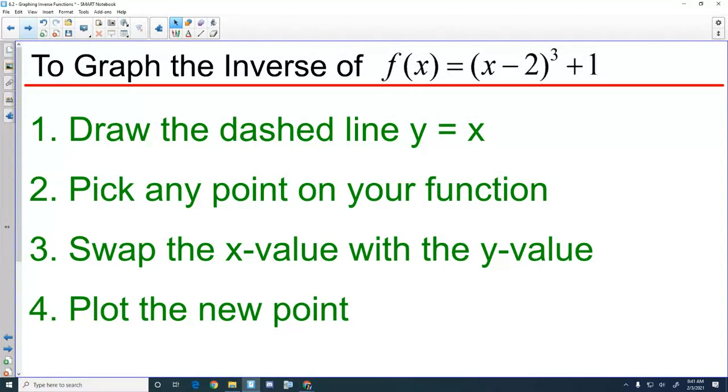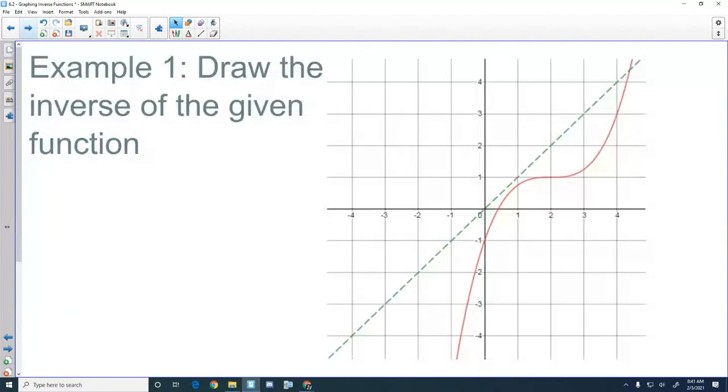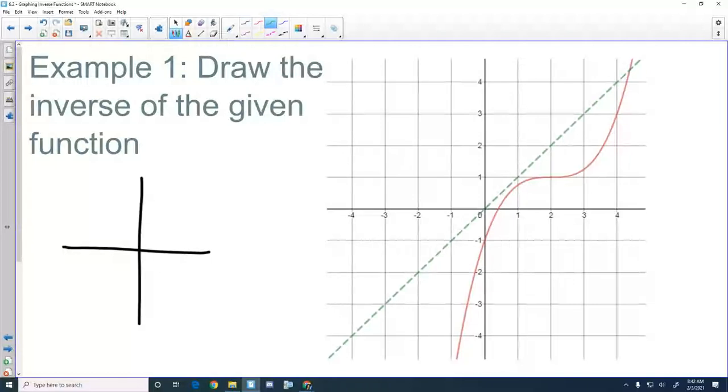All right, so pick a point, switch the x and the y, plot that new point. Very, very straightforward. I know you're not going to have a precise drawing of this in your notes, but if you just want to sketch a quick x and y axes, just do something like this. You can draw in that diagonal, make it a dashed line.